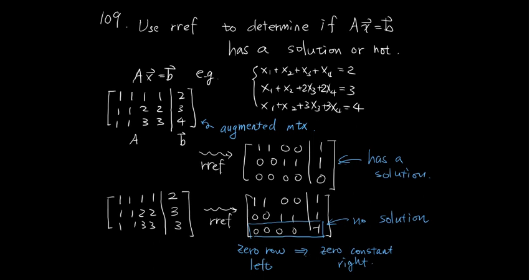And secondly, why do we care about having a solution or not? The other application of this is, recall that this one has a solution if and only if B is in the column space of A. So if we want to test whether B is in the column space or not, then we can simply solve the equation. This is probably 102 or 103. Your homework is like this.